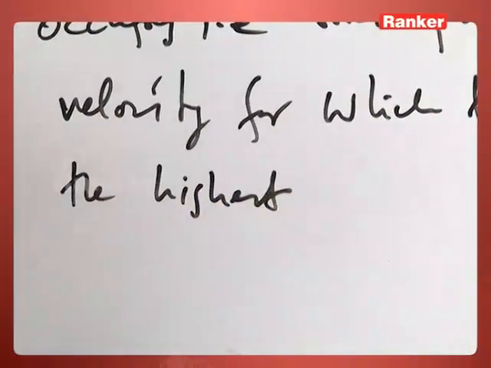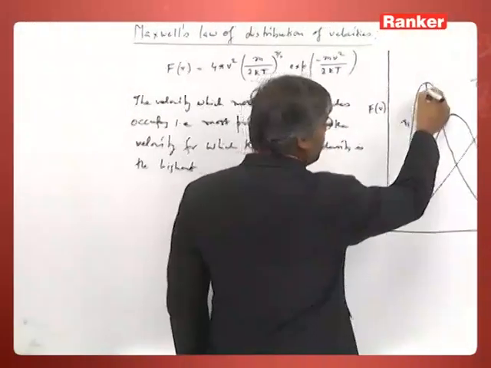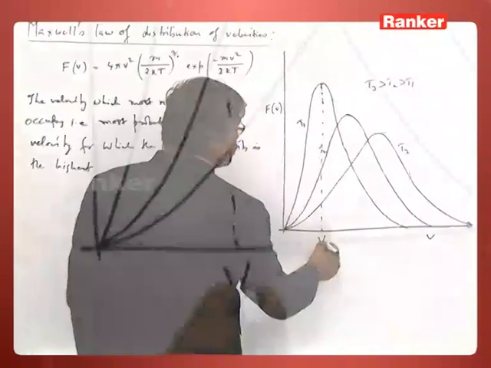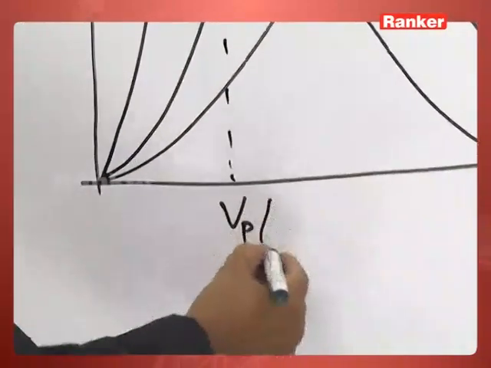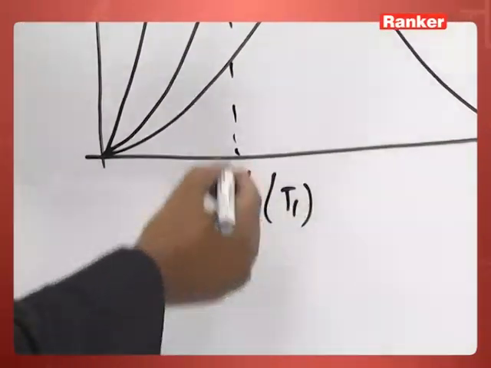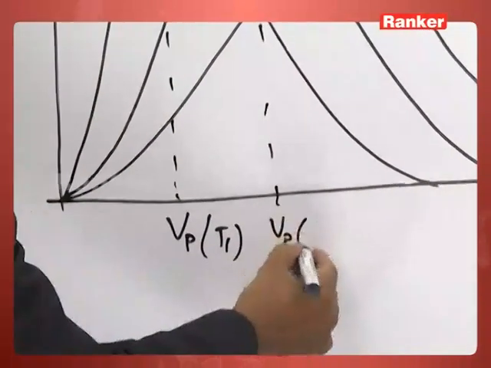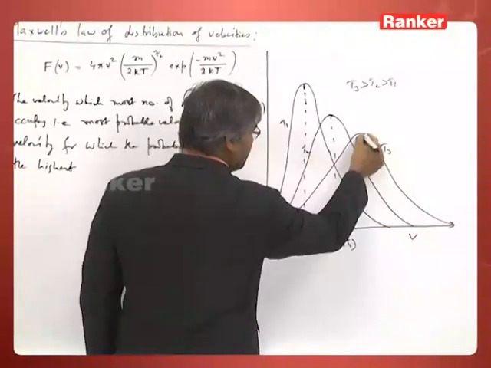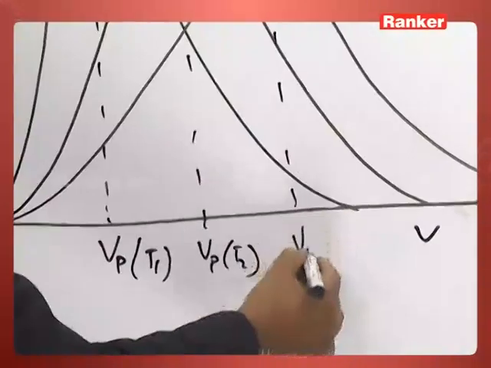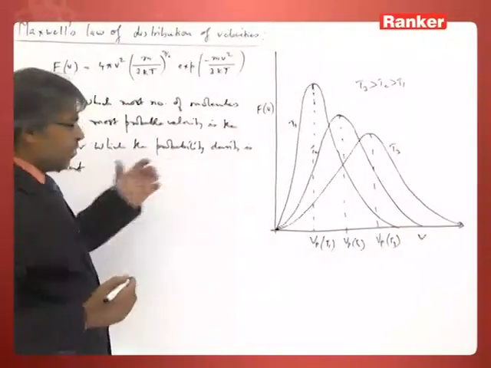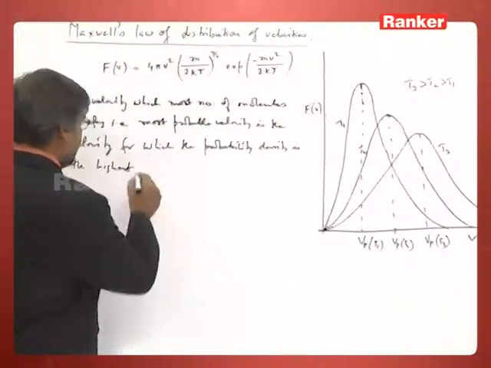This point is the most probable velocity for temperature T1. You can see this is the most probable velocity for temperature T2 and this is the most probable velocity for temperature T3.